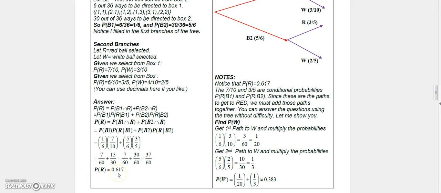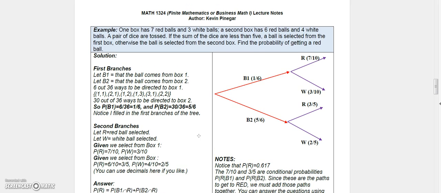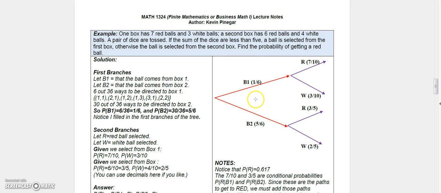If you think about it, if you draw a ball, you're going to get either a red ball or a white ball, so we could easily get the probability of a white ball by just subtracting this from 1 and getting 0.383. But let me show you it works if you use the formula too. Let's find the probability of a white ball.